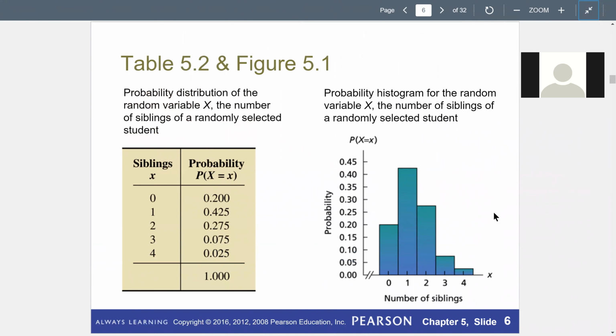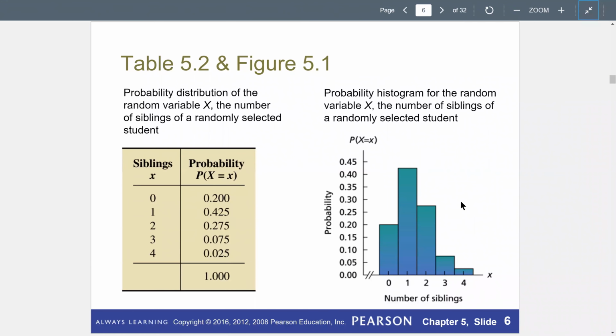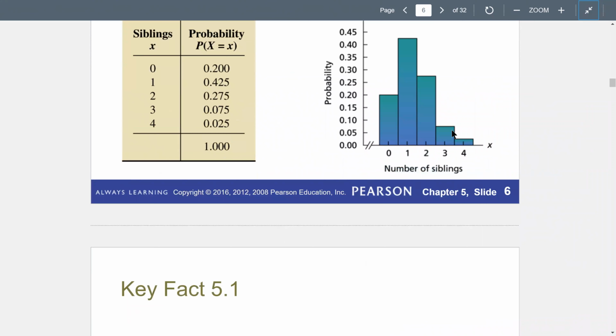We talked about probability distribution, and that includes charts or tables and so forth. If it's in a graphical form, it will be called a histogram.